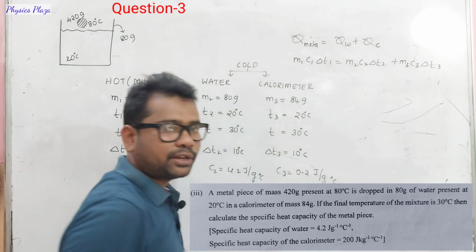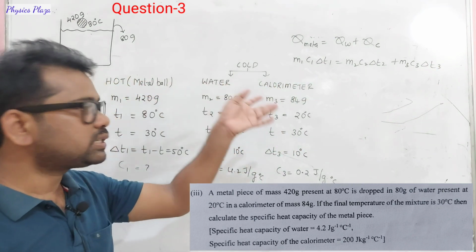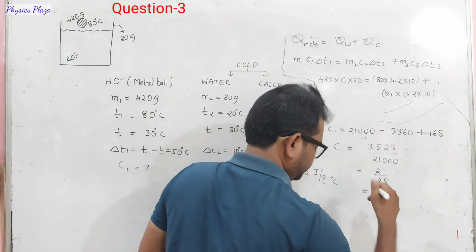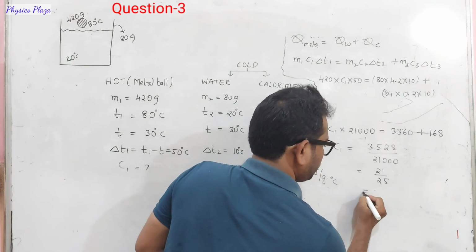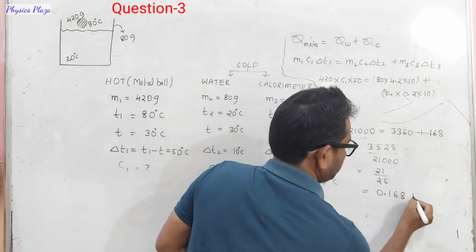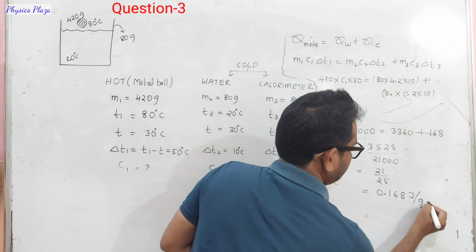Now let us substitute the values. So this is going to be 0.168 joule per gram degree Celsius.